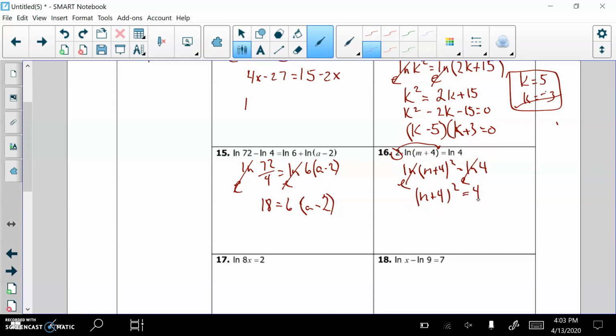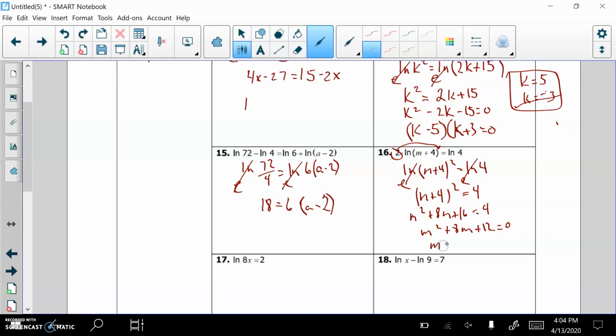Now we got to do what we got to do. So I'm going to square m plus 4. That's m squared plus 8m plus 16 equals 4. That's m squared plus 8m plus 12 equals 0. And that's 2 and 6.